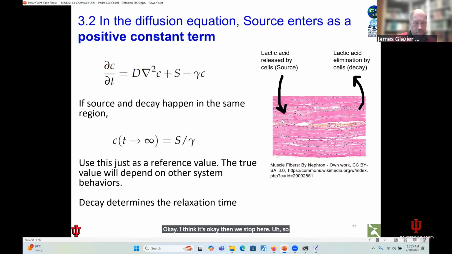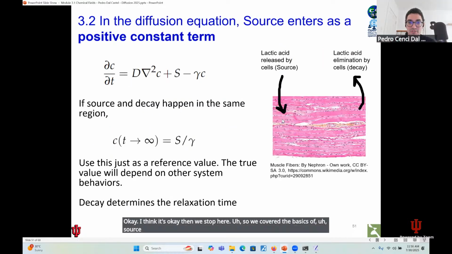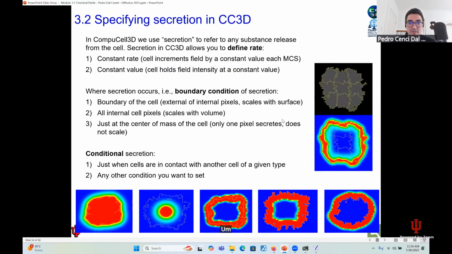So we covered the basics of source, secretion, equilibration time, the steady state value when we have secretion and decay, and the specification settings for secretion in CompuCell3D. In the next lecture we will focus on model building exercises.